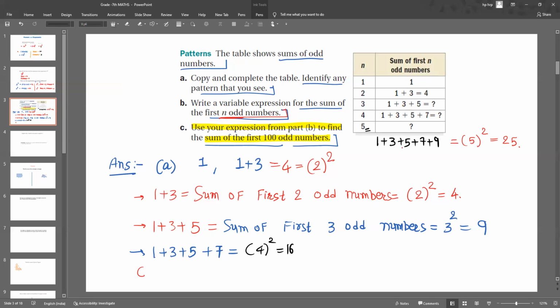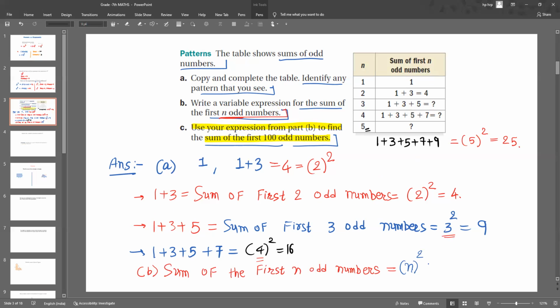According to this table, the sum of three numbers is 3 square, the sum of four numbers is 4 square. So if we have the sum of the first n numbers, what can you say about that? n is the number of odd numbers. Yes, so it would be n squared. That is the sum of that value, n square.